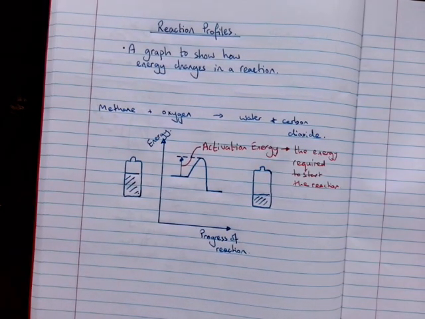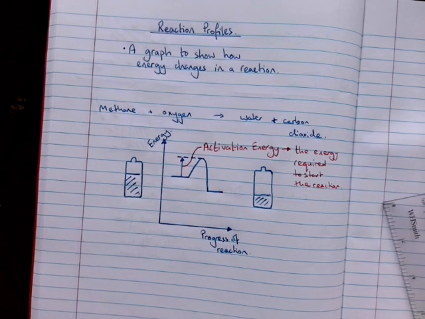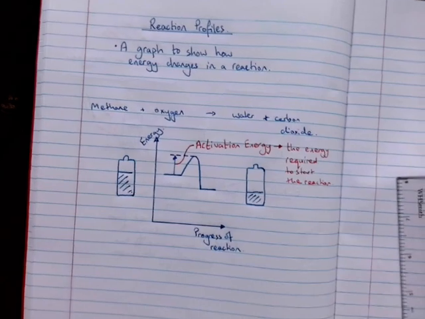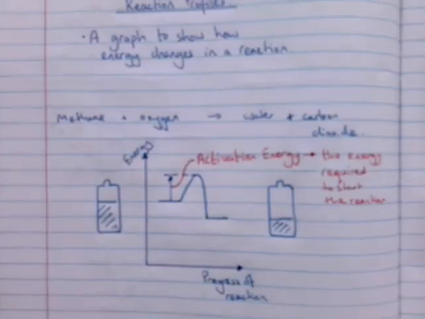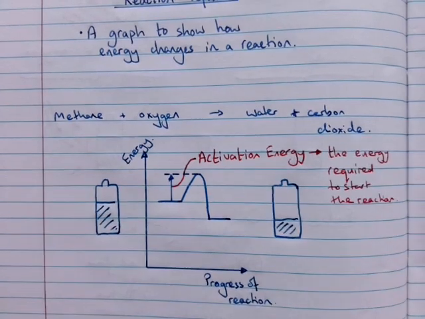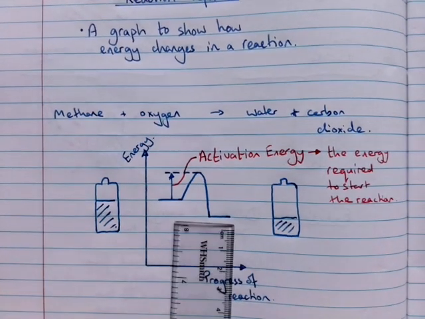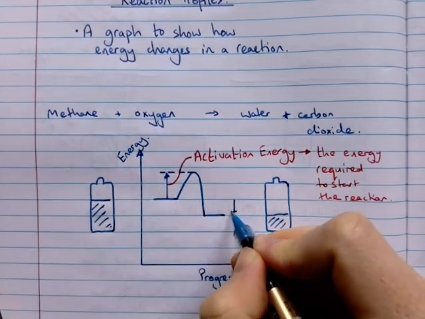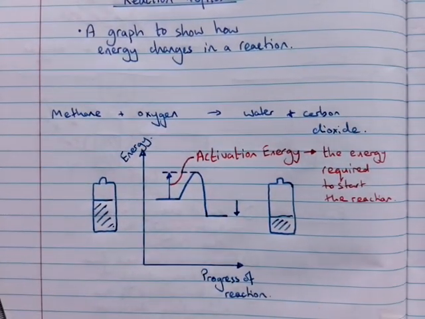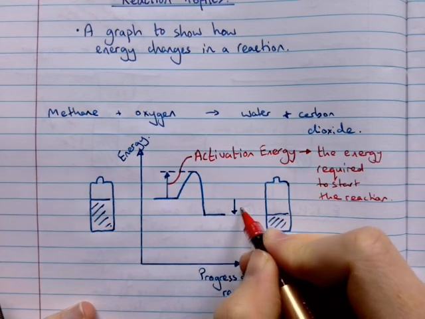Okay, so if we carry on now, we just need to mark on one final thing on our graph, which is that from here down to here, that is our energy change.